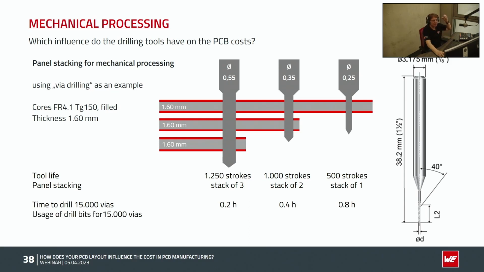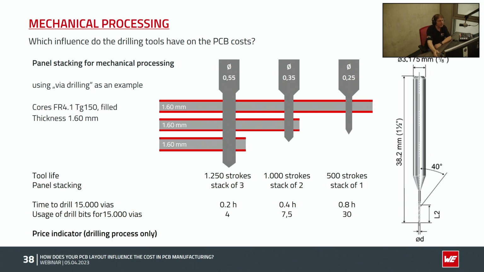And we need different numbers of drill bits to do this, as the tool life is different. So for the big tool, we need 4 drill bits for 15,000 vias. For the middle tool, we need 7.5, so 8 drill bits, and 30 drill bits for the small 0.25 millimeter drill bit.